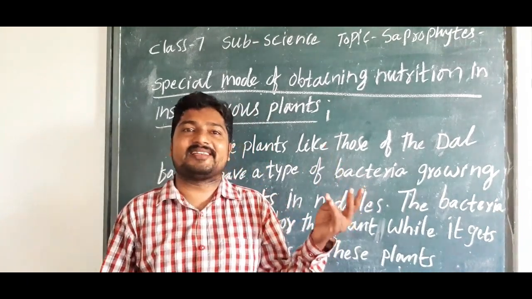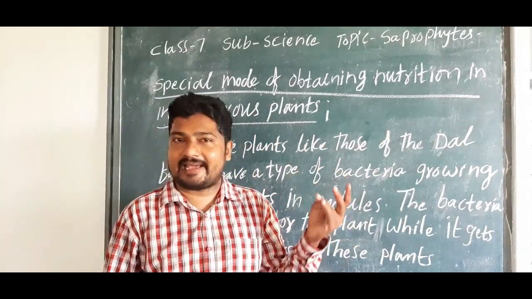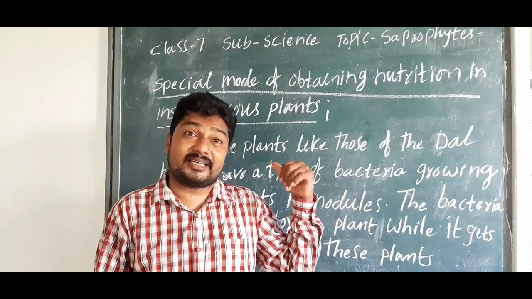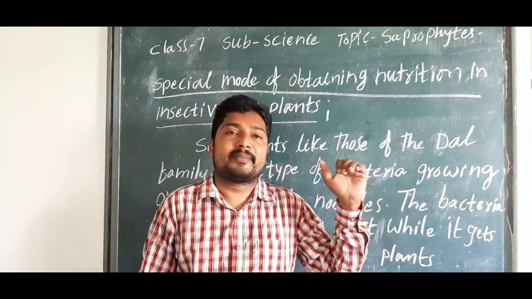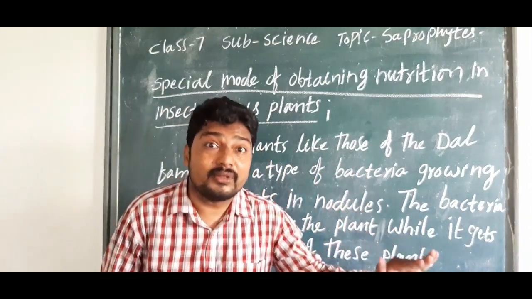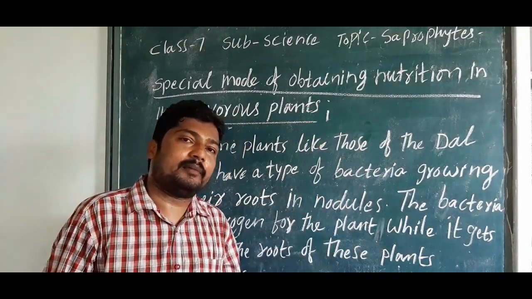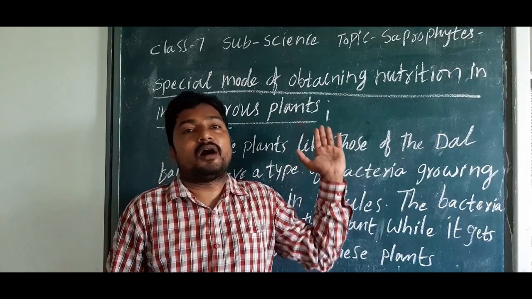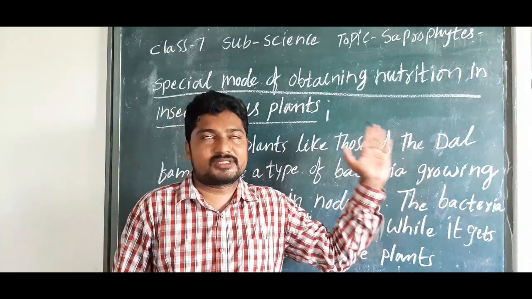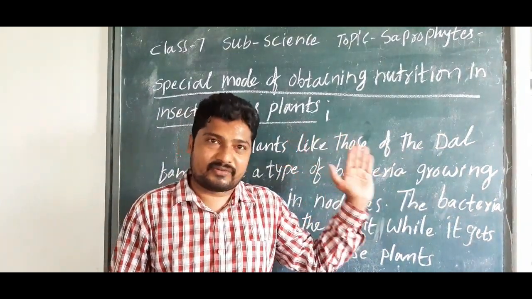The second one is heterotrophic plants. Some plants do not prepare their food because of a lack of chlorophyll. These kinds of plants are called non-chlorophyll plants. They do not have chlorophyll.